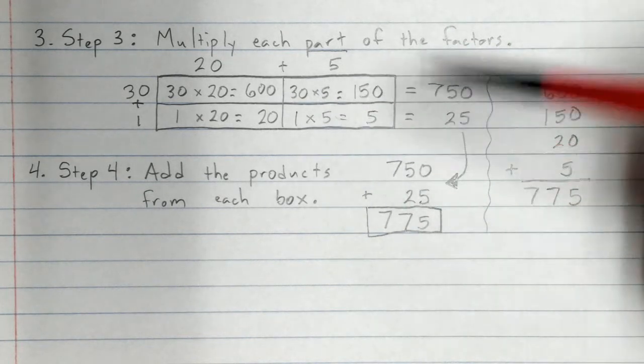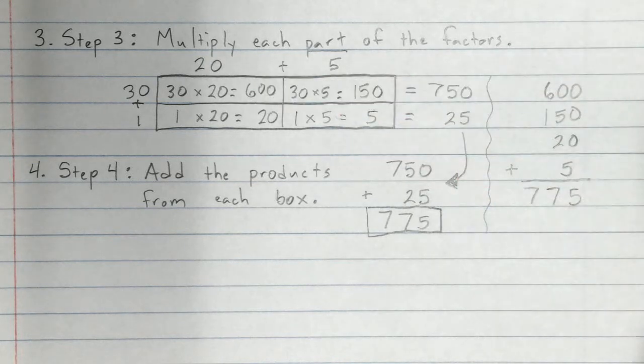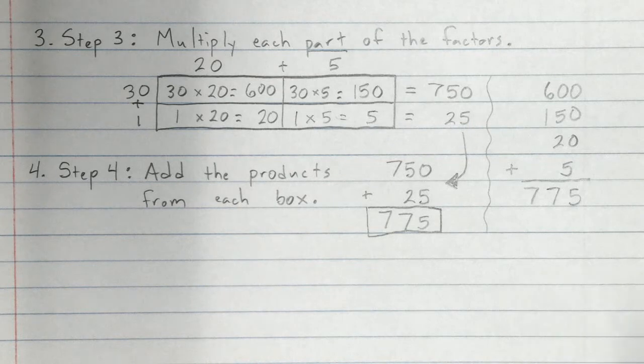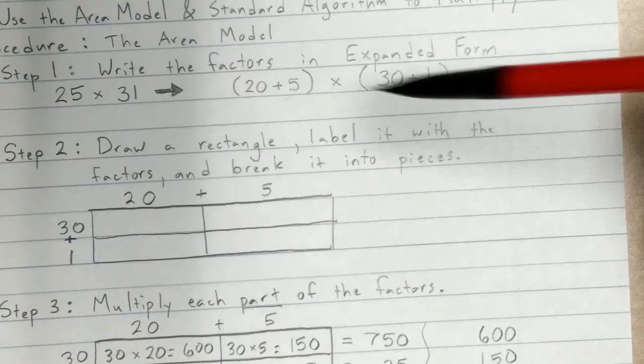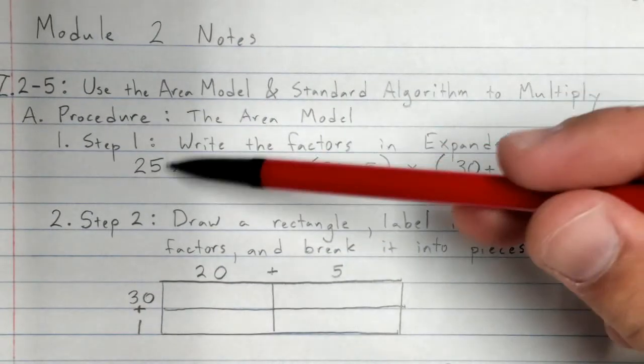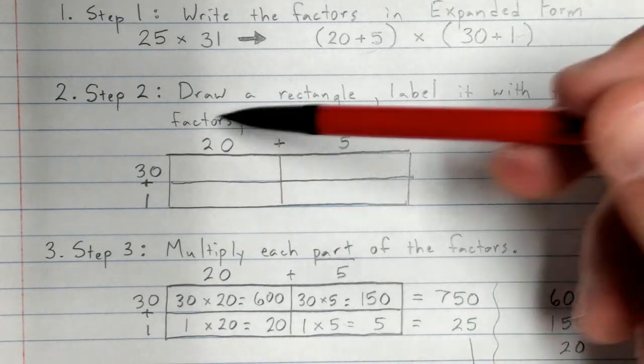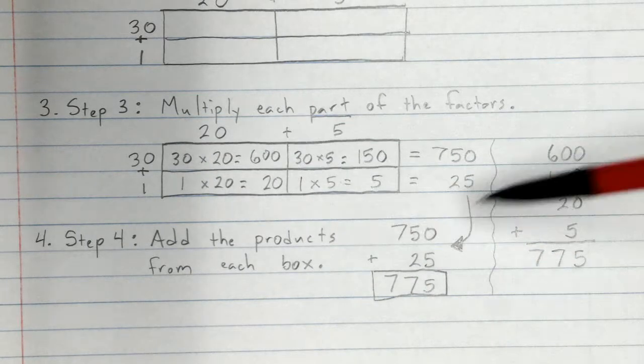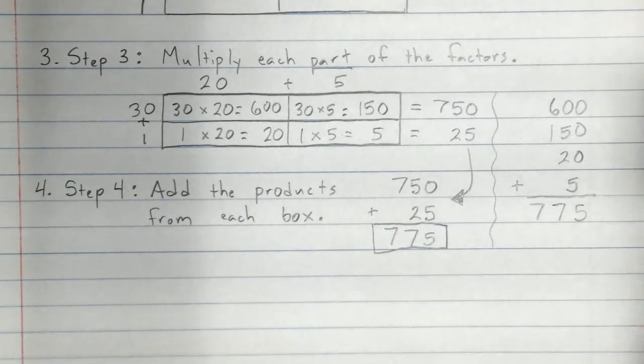We can show what we're doing, and if there's a problem, we can go back and figure out where that problem is. Now, that's the area model.